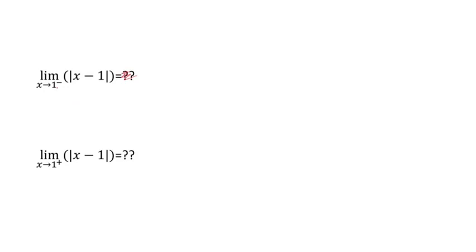So here's another example. The limit of the absolute value of x minus 1 as x is approaching 1 minus. Again, if you plot this, here's the x-axis, here's the y-axis. If this is 1, then 1 minus is to the left, so it's negative.